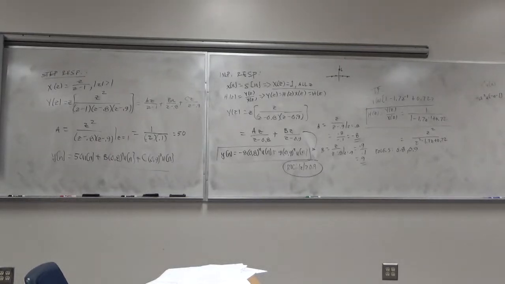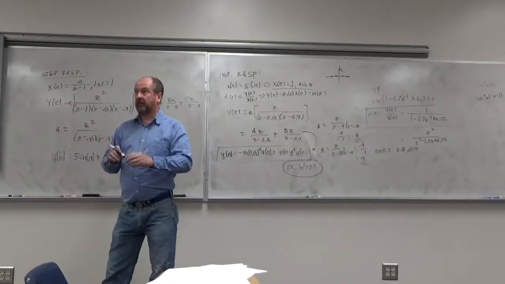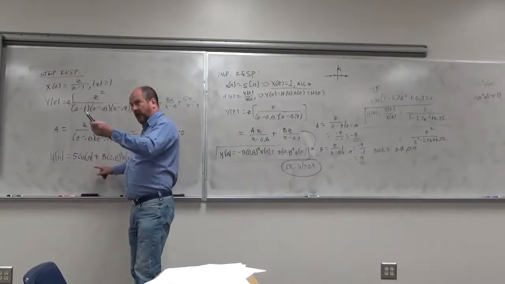Is A decaying? No, it's not. Stable? No, it's not right now, but I'm saying it has the largest impact. If anything's exploding, it's just exploding. Okay. But you're on the right track.